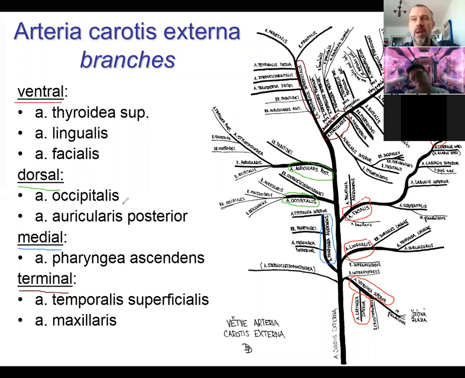Yeah. So this is the division into the main arteries. Do we have any artery lateral? Laterally, yes. Laterally, we can have a small sternocleidomastoid artery supplying the sternocleidomastoid muscle. That's the only branch which is located laterally.